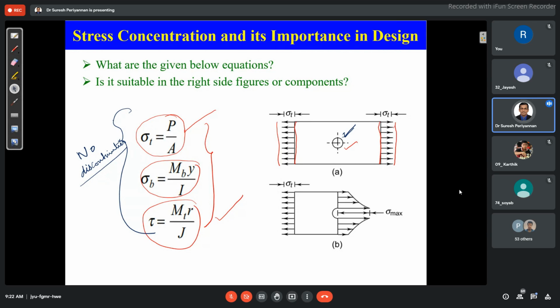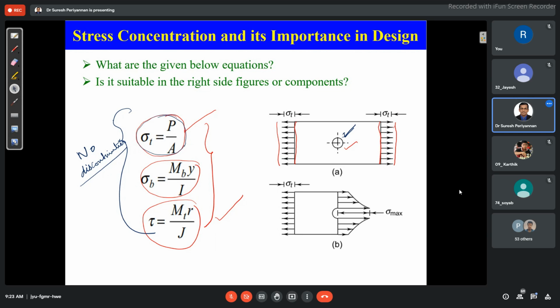See, this is a simple example. Whatever we thought in the theories of failure, we always considered the right-hand side. For the maximum normal stress theory, we consider sigma 1 greater than or equal to the stress value obtained from the normal tension test, sigma, and it will not be a failure, right?